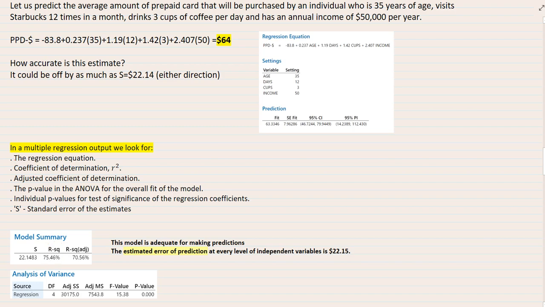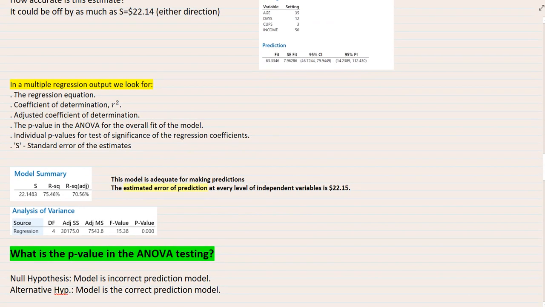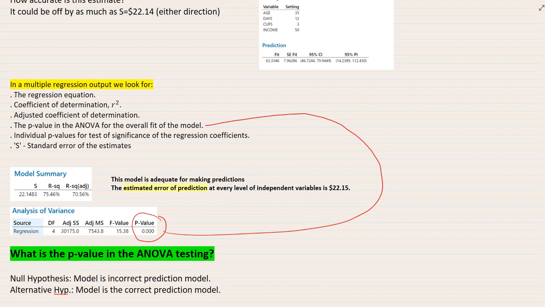And here is our p-value. So remember, the p-value from ANOVA is actually testing whether you have the correct model or not. Okay, do I have the correct predictive model? Looks like we do with this one.